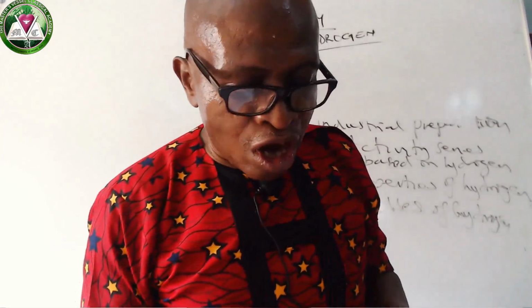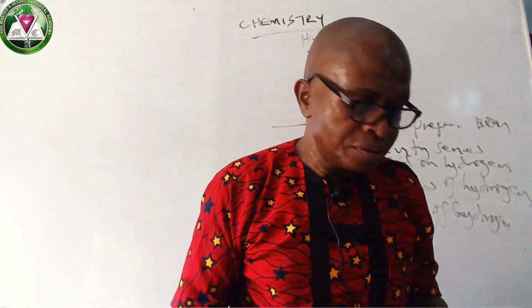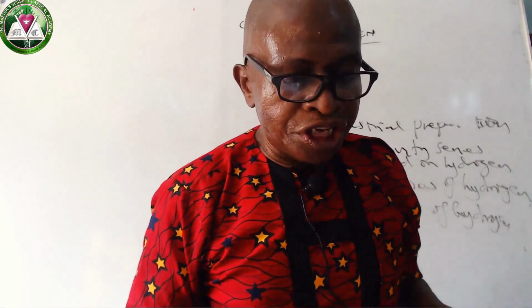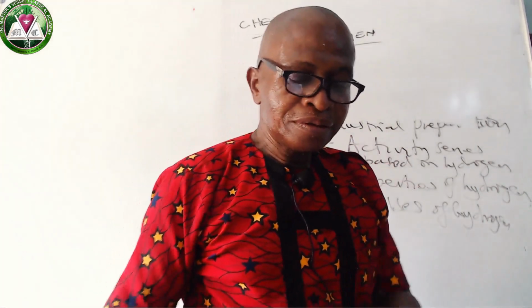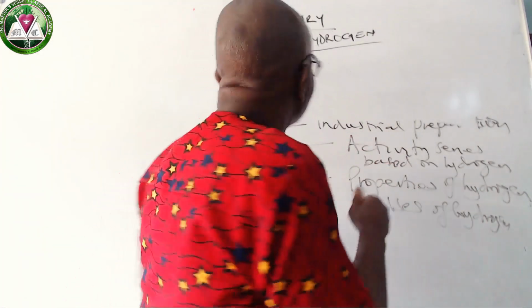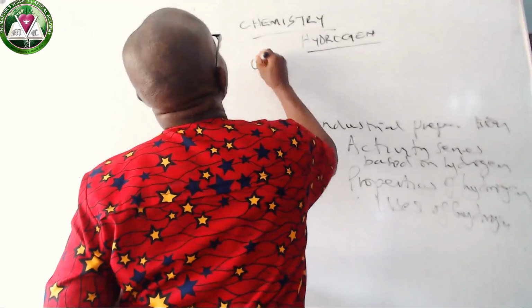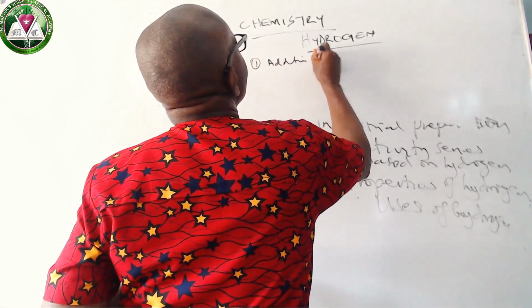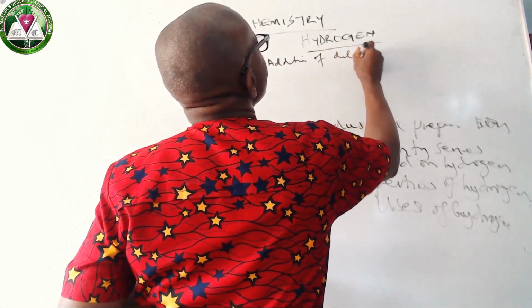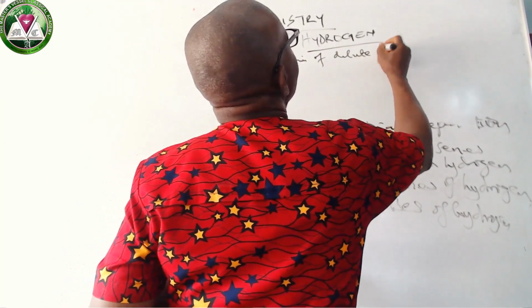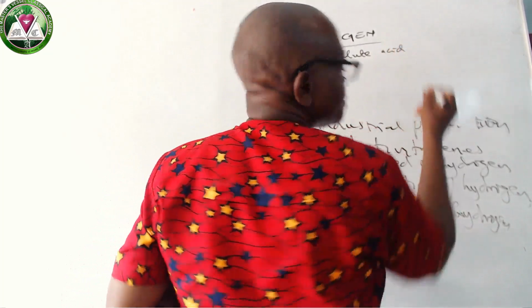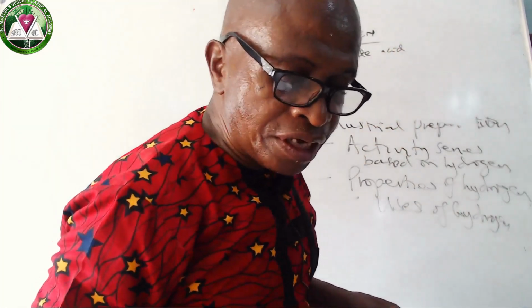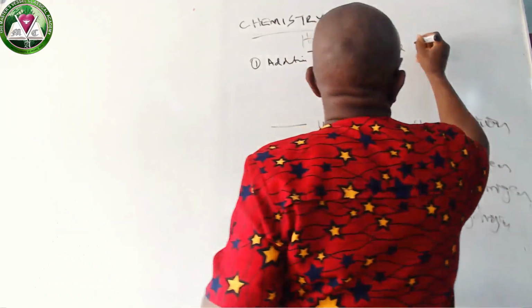There are many methods of producing hydrogen in the laboratory. Some of them are: 1. Addition of dilute acid on certain metal.